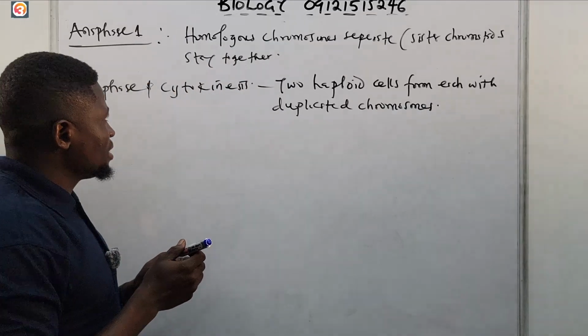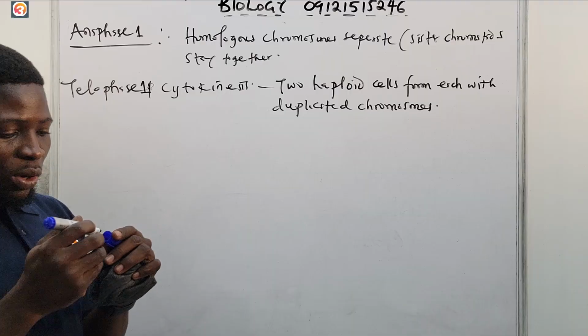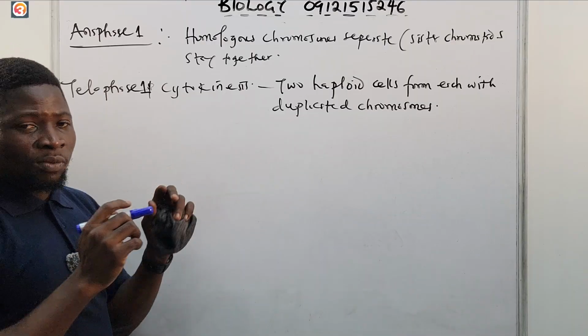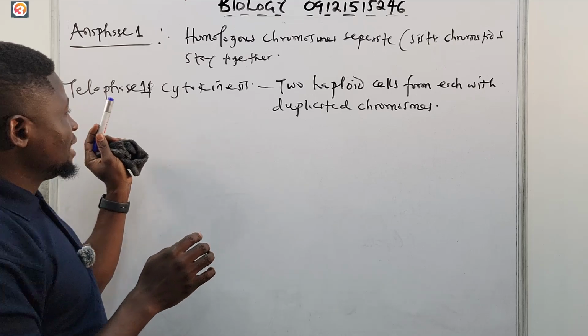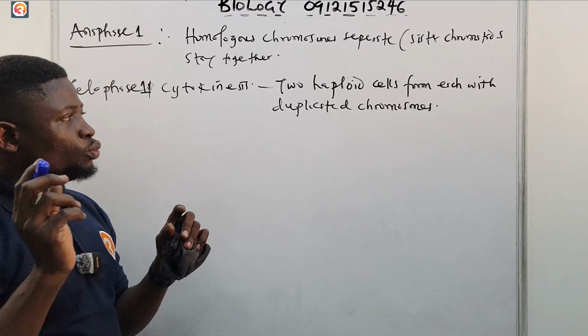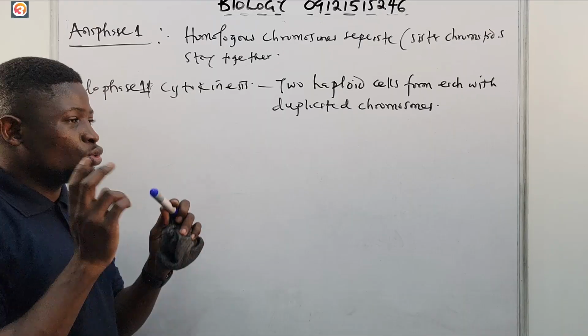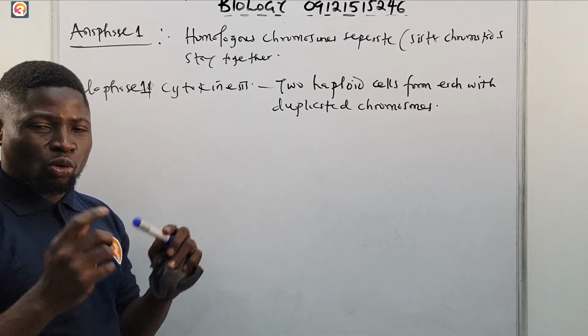So this is what happens in telophase 1. Remember, this is meiosis 1. These are all the things that happen in the first stage. 2 haploid cells form, each of them having duplicated chromosomes.